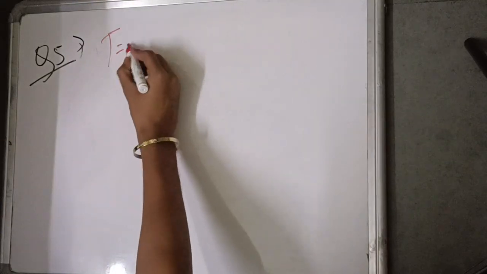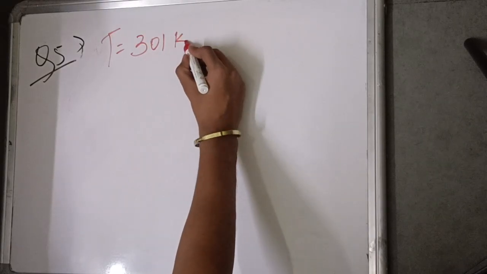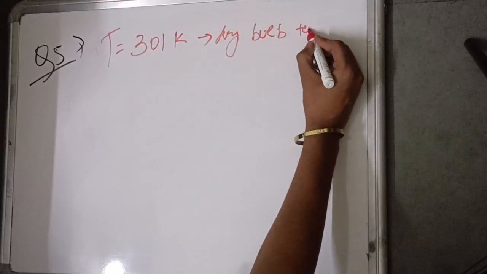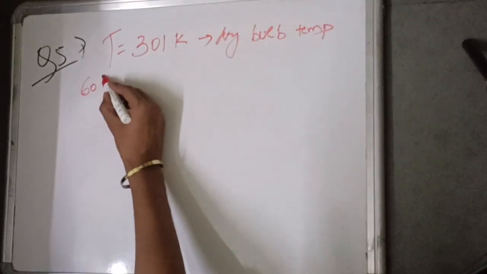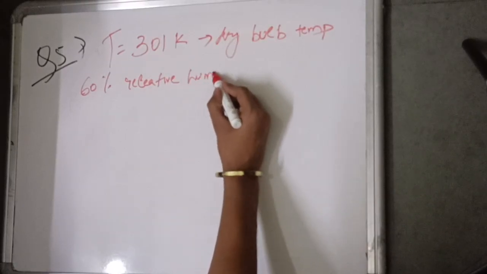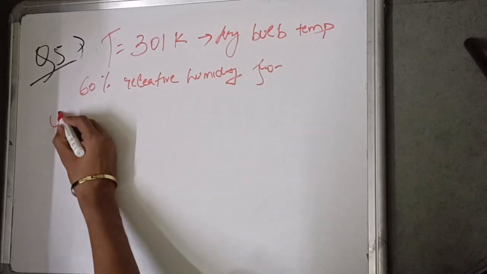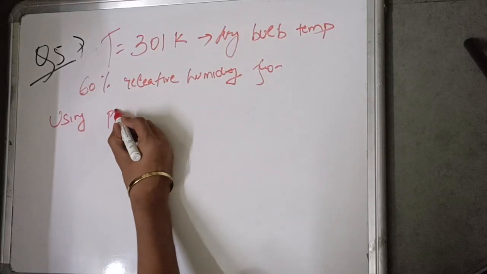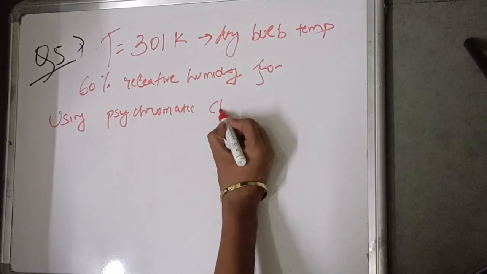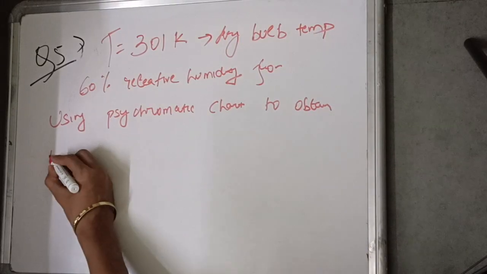We know that the temperature was given as 301 Kelvin, but this is the dry bulb temperature, and we have got the 60% relative humidity. So we are using the psychrometric chart to obtain the wet bulb temperature.